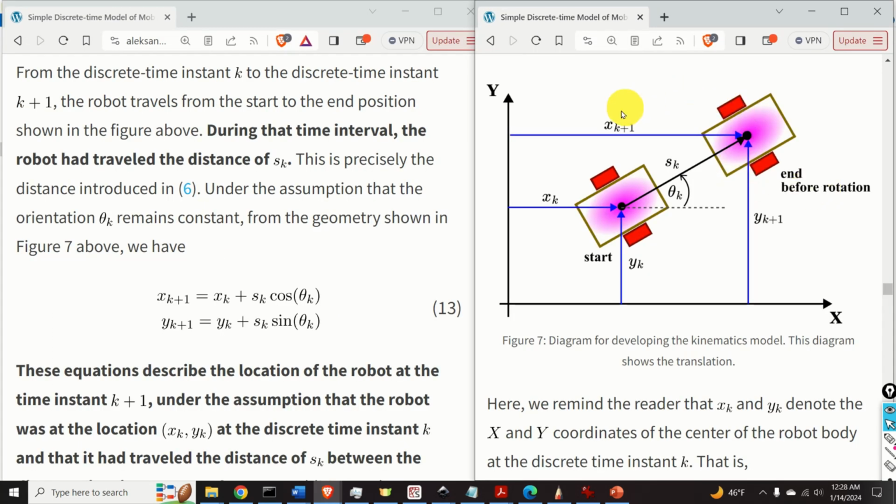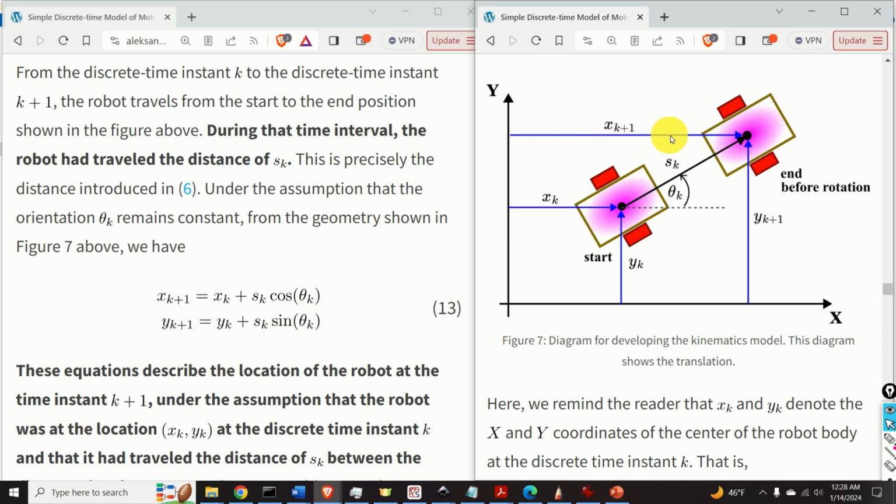Here is the basic idea. From the discrete time instant k to the discrete time instant k plus 1, the robot travels from the start to the end position. During that time interval, the robot had traveled the distance of sk. Under the assumption that the orientation θk remains constant, from this geometry we can establish these two equations.